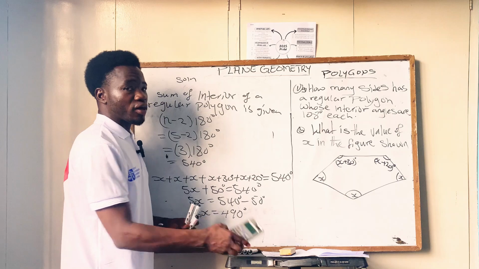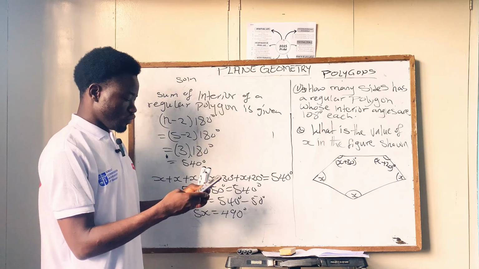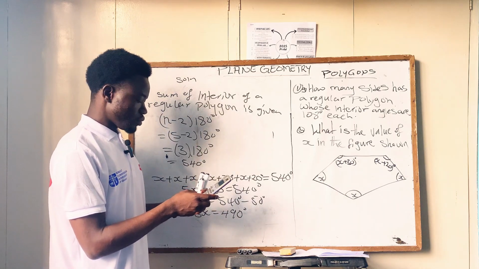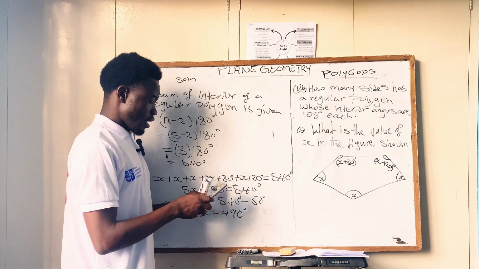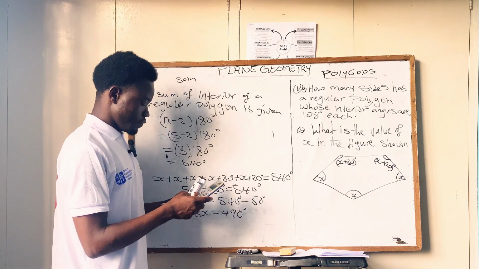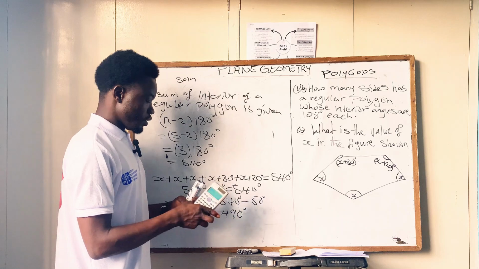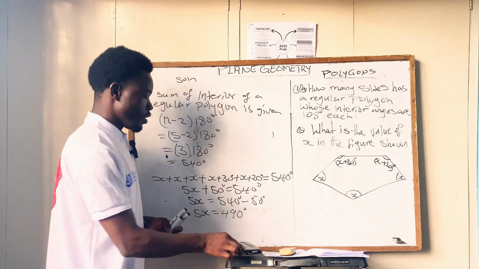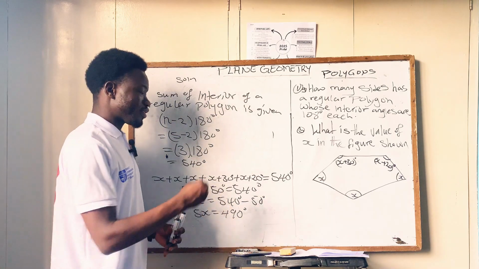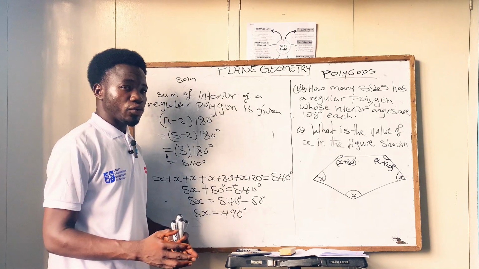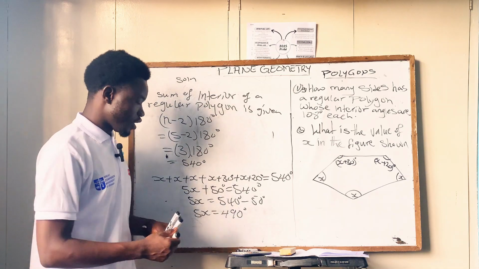You can confirm that with your calculator. Minus 50, and that is correct for us. So I'm just using the calculator to make sure that our workings are correct. Okay, so you can get the calculator and work through with us.